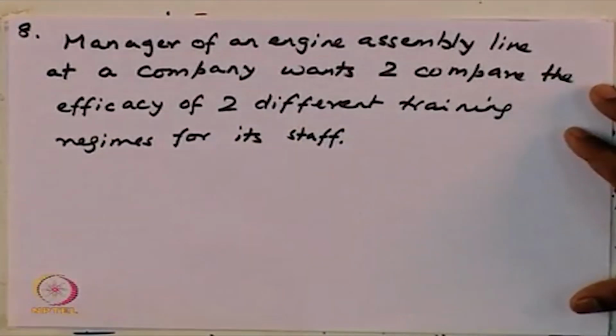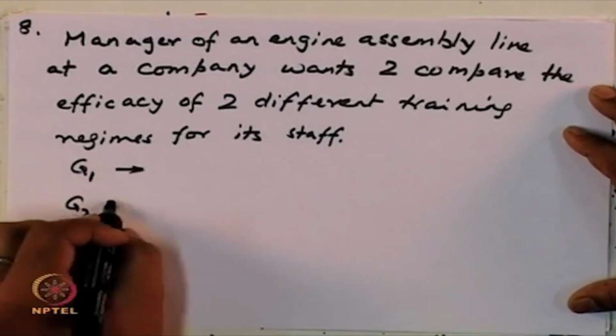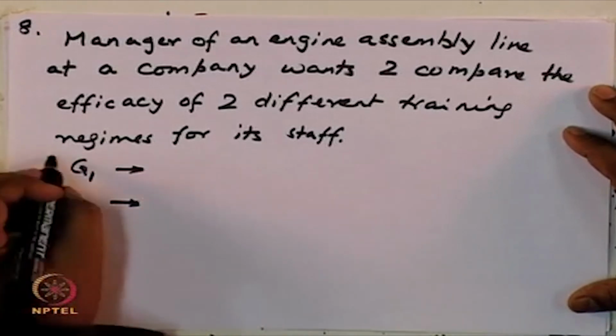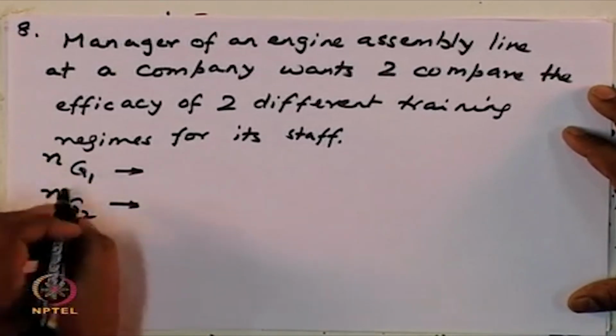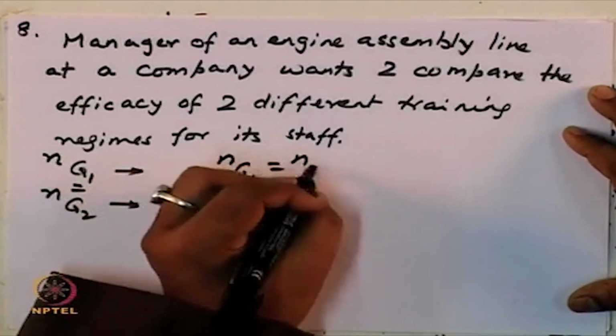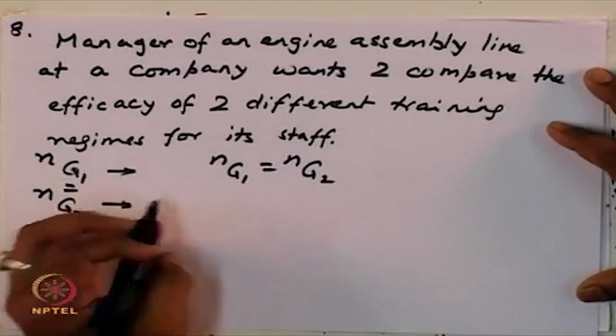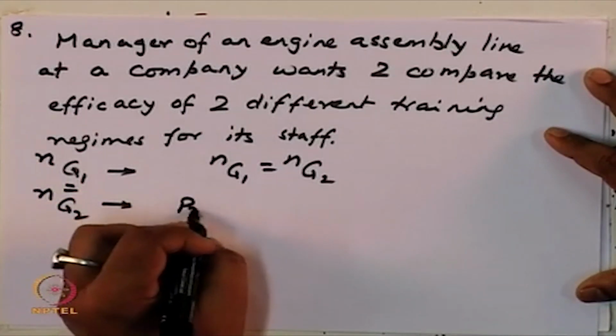So, you choose two groups G1 and G2, both of equal size. So, n of G1 and n of G2 are equal. You can write n of G1 is equal to n of G2. And after this, you compare their productivity.